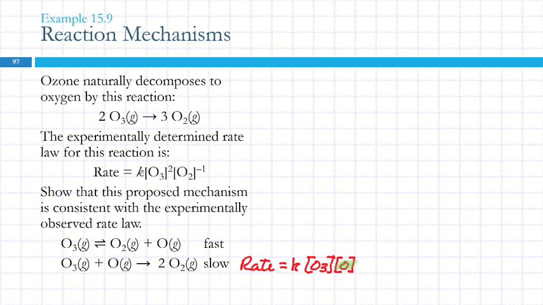So ozone is forming into oxygen molecules and atoms, and then oxygen molecules and atoms are recombining to form O3. So the forward rate is equal to the reverse rate. The forward reaction is O3 going to O2 plus O. And we can write a rate law for that.